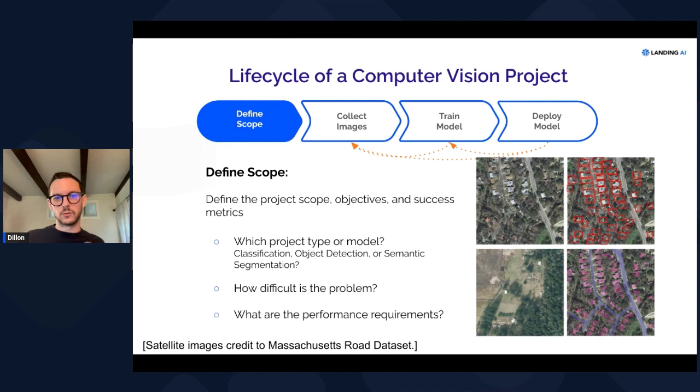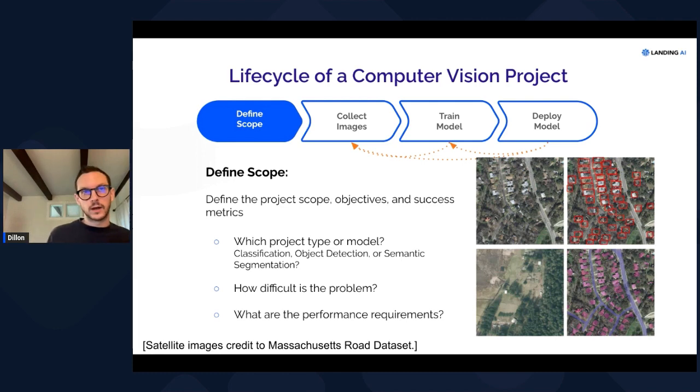You also want to know how difficult the project is. Is this an extremely ambiguous project where even humans struggle to complete the task, or is this a pretty straightforward project? And then finally, project performance requirements are obviously going to play a huge role. Is this something where you can't have any false negatives, maybe incredibly high accuracy requirements?